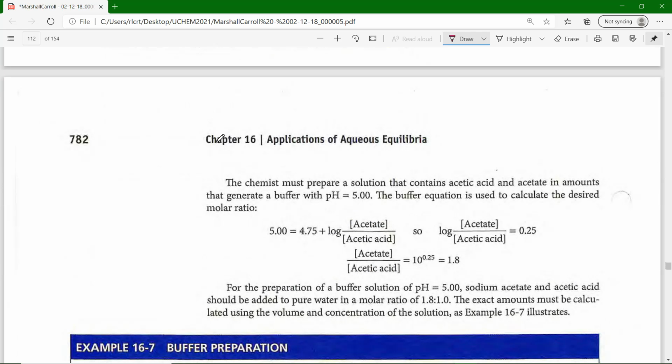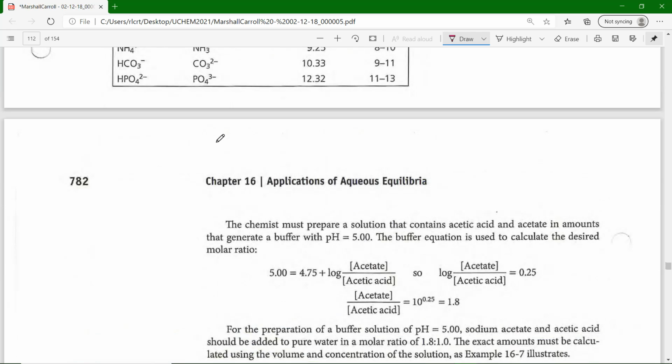Okay, so there's different possibilities that you can use. Let's say you wanted to have a pH of 5 and you were using the acetic acid acetate solution, so you wanted the pH to be 5, and there's your pKa. So when preparing the buffer, it's sometimes useful to know the ratio of the conjugate base to the acid.